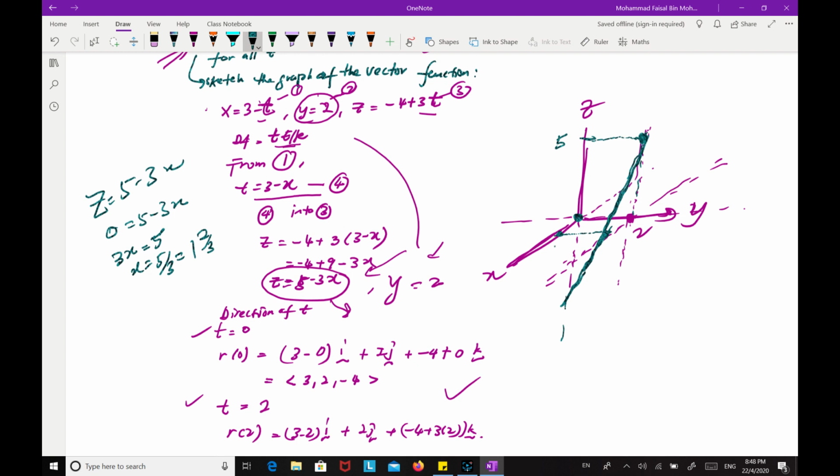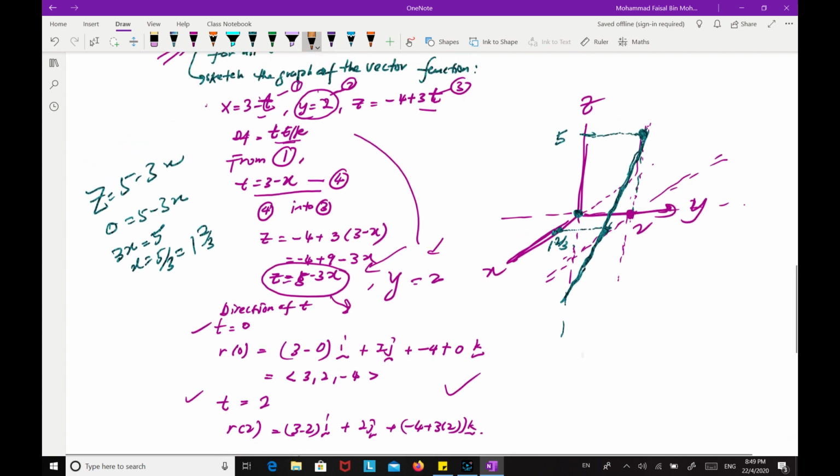So this is about 1 point something. Okay, here will be 1, 2 over 3. Okay, then now we can plot a point for t0. T0 will be 3, 2, negative 4. 3 at x, let's say 1, 2, 3. 2 for y, which is here.